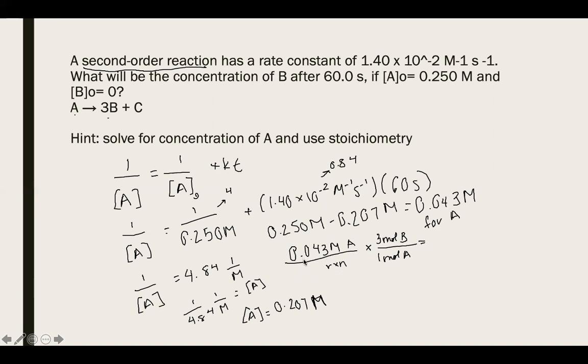So for every 0.043 moles or molarity of A for this reaction, there's going to be 3 moles of B for every 1 mole of A. And so you're going to have to multiply this together and you would get 0.130 molar B in 60 seconds. So your answer for this one is 0.130 molar of B.